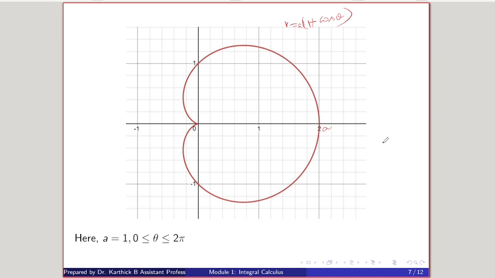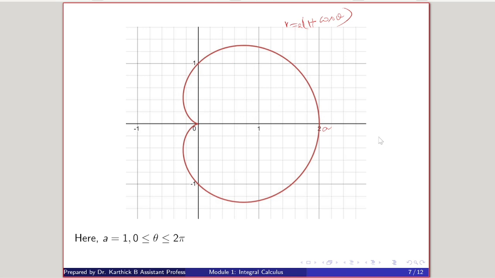So the area above the x-axis will be equal to the area under the x-axis. Instead of finding the area for both sections, it is enough to find the area for the upper region alone.